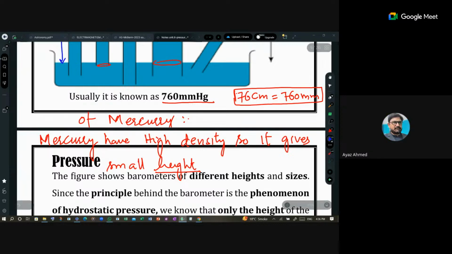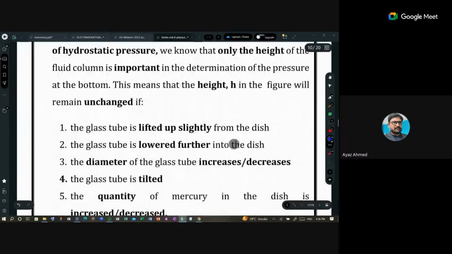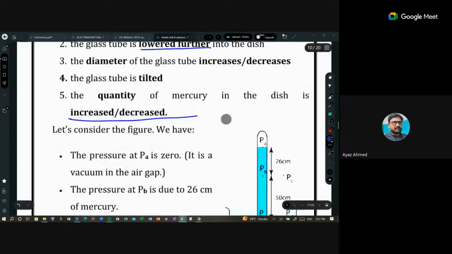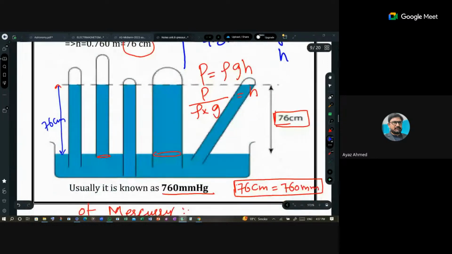Yes, sir. Okay, then we can talk about the glass tube being lifted up slightly from the dish, then lowered further, the diameter of the glass being increased or decreased, the glass tube being tilted, and the quantity of mercury in the dish increasing or decreasing.